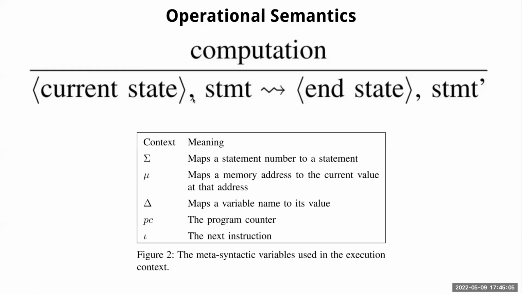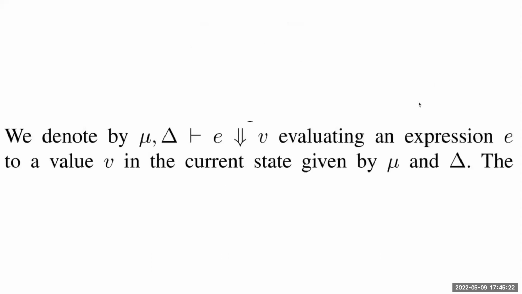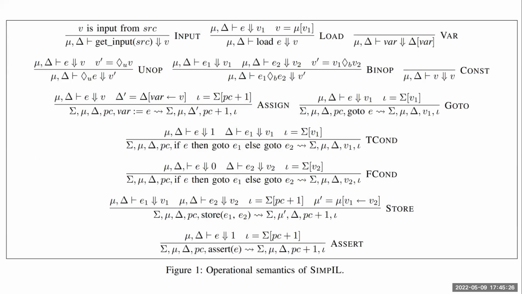Then after executing this statement, the computer will end up in the end state. And what will be the next instruction to execute? So this clearly, in a formal language, defines the language. For example, in the language we saw before, we have input, we have variables, we have different condition stores, and this operational semantics defines that.